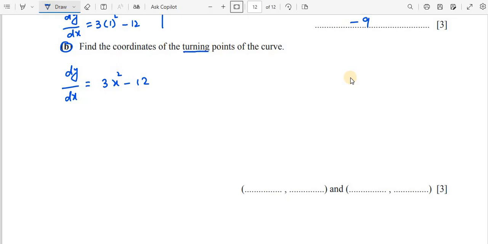To find the turning point, take the first derivative equal to 0. So dy over dx is equal to 0. So 3x square minus 12 is equal to 0.